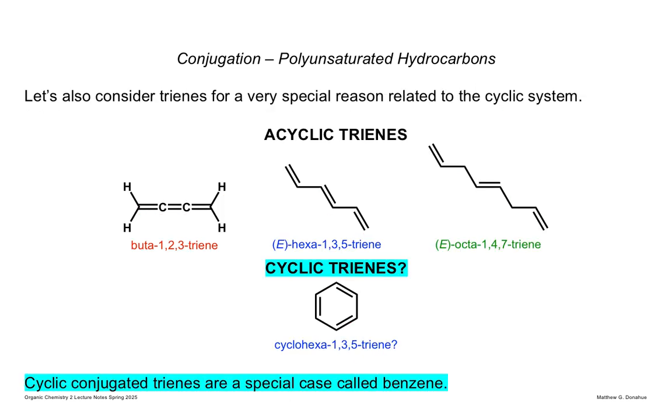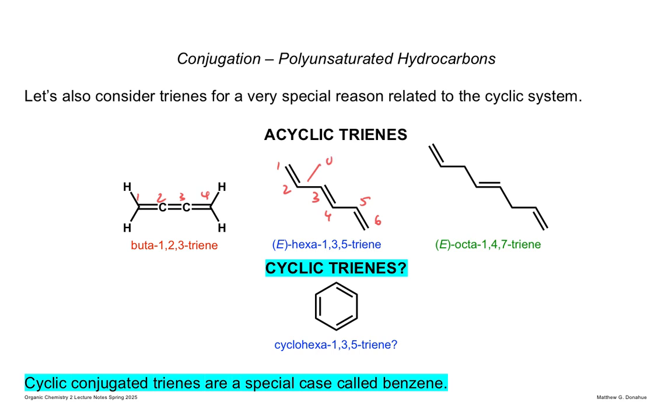So since poly means many, you can have situations where you have more than 2 alkenes. So these are trienes. The first one is an accumulated triene, buta-1,2,3-triene, so that has 3 double bonds. We have a hexa-1,3,5-triene.